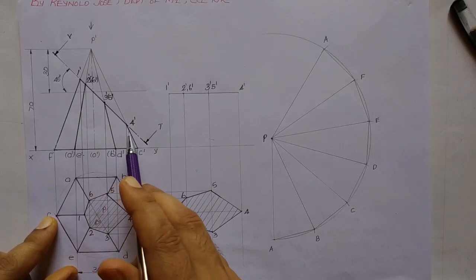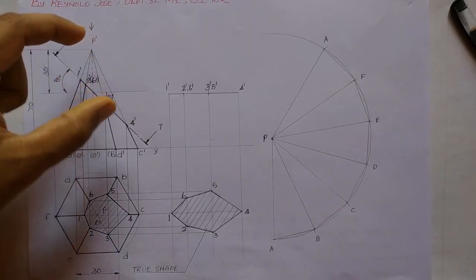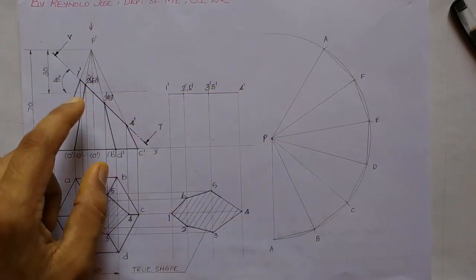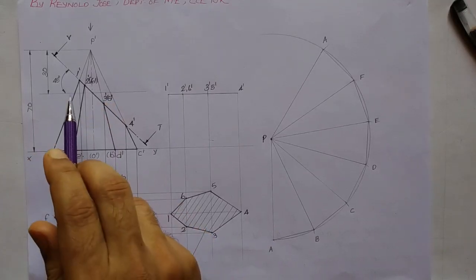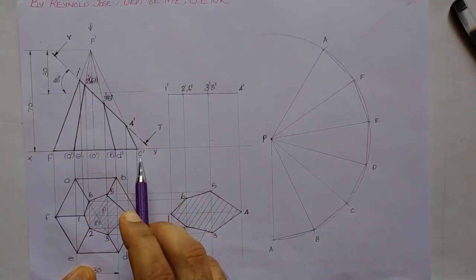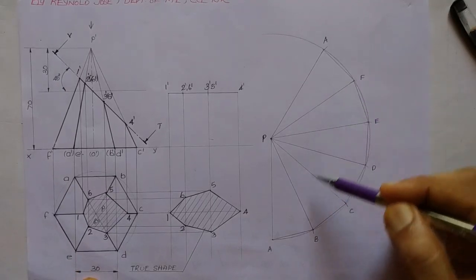So 1 dash and 4 dash are already on true length slanting edges, so we can transfer P1 dash and P4 dash directly, whereas 2, 6, 3, 5 etc. have to be transferred to a true length slanting edge. Then only we will be able to transfer it.